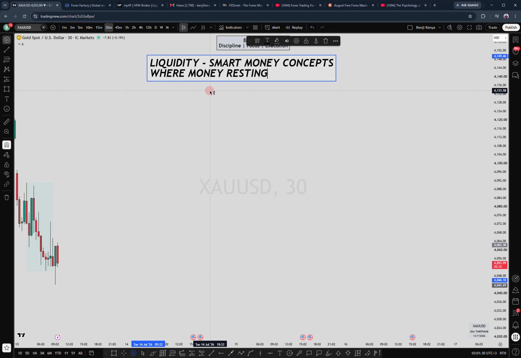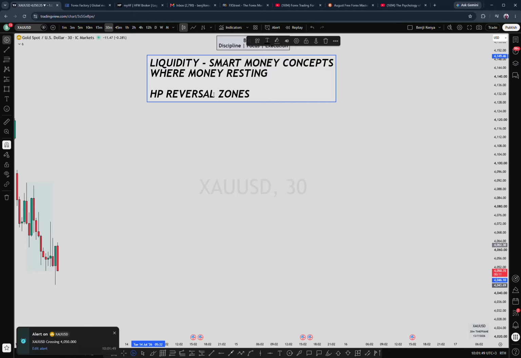Now, liquidity will help you as a trader understand these different things. Number one, it will assist you in identifying high probability reversal zones. I'll explain more on this. It will also help you avoid false breakouts.